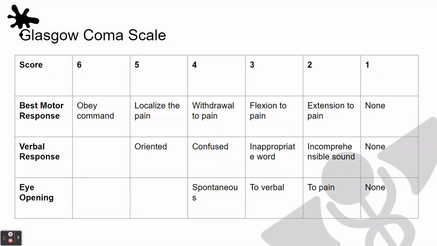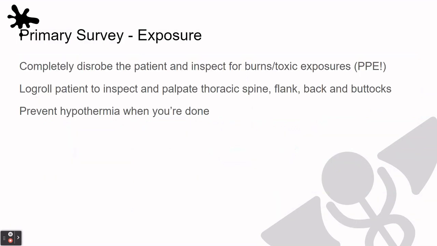So don't give anyone a 0. And also, reassess this. Do that multiple times. I had someone come in with a GCS of 3, and once we started getting IV access and stuff like that, all of a sudden they were a GCS of like 9. They just needed a little extra stimulation, and me sternal rubbing wasn't doing it for some reason.